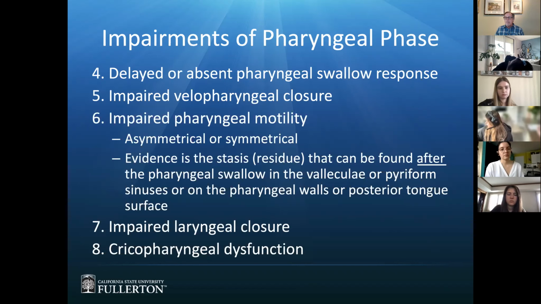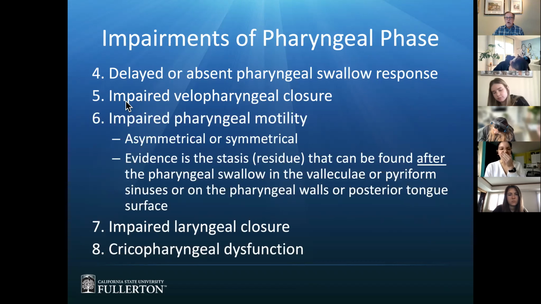You can accommodate about a teaspoon in some crevices and nooks and crannies in the pharynx. But if you take a sip or a dose of more than a teaspoon, it's got to go somewhere. And that somewhere will be the airway. They will aspirate it. So that's a very important impairment, delayed or absent pharyngeal swallow response.